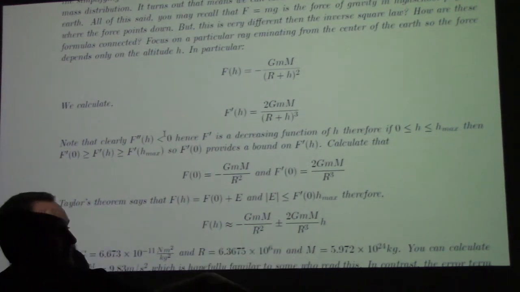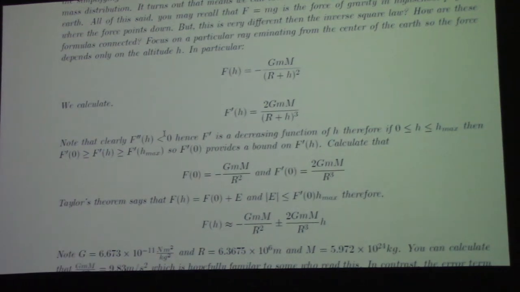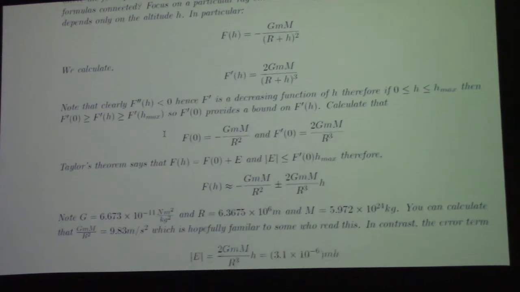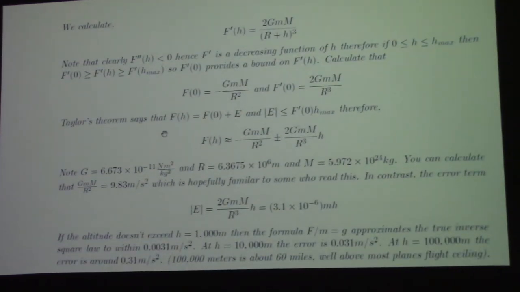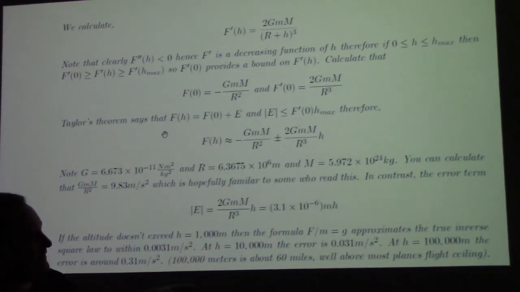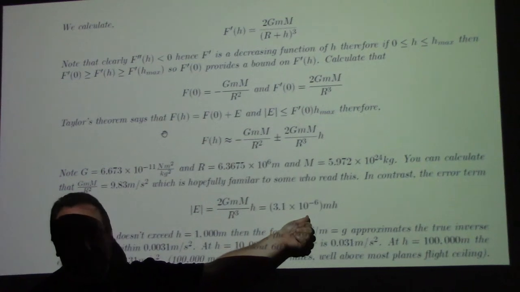And if you work that out, it shows that the error is something like linear with altitude. If you crunch some numbers here, you'll be able to see how wrong using F equals mg is. I worked the numbers out here. Basically, the error scales like your mass times altitude times this constant, 3.1 times 10 to the minus 6th.